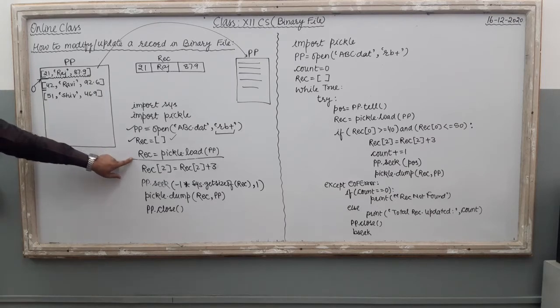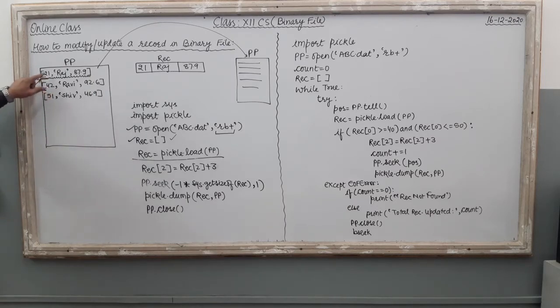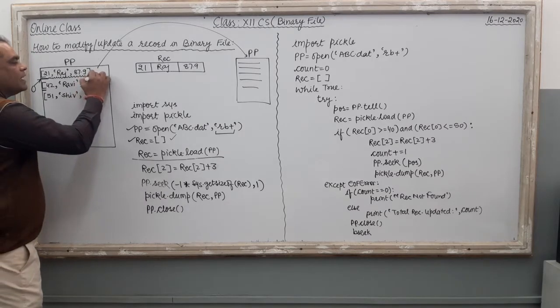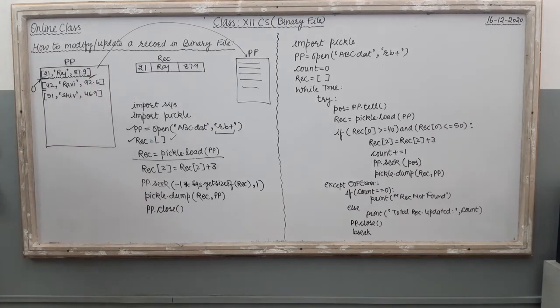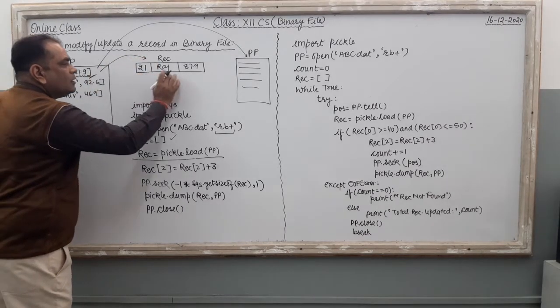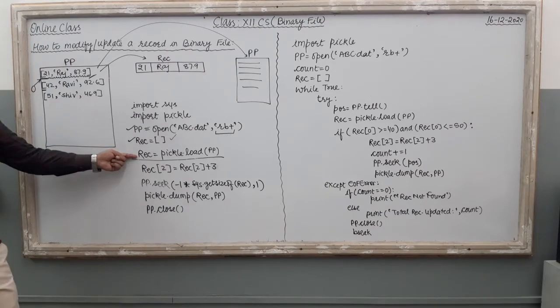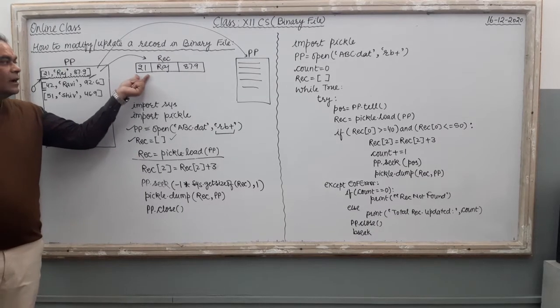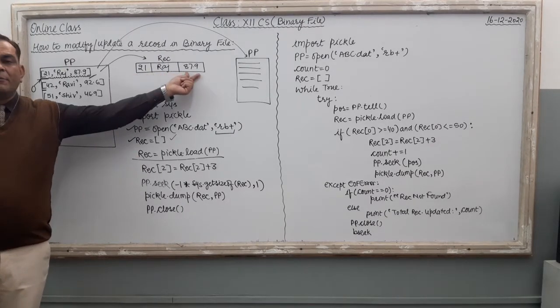So while reading the object, your cursor is moving from one position to another position, and your cursor is at the last of the record. So now when your cursor reaches the end of the object, the data is shifted from the file handle to the REC object here. So the data is here: 21, RAJ, 87.9, right?